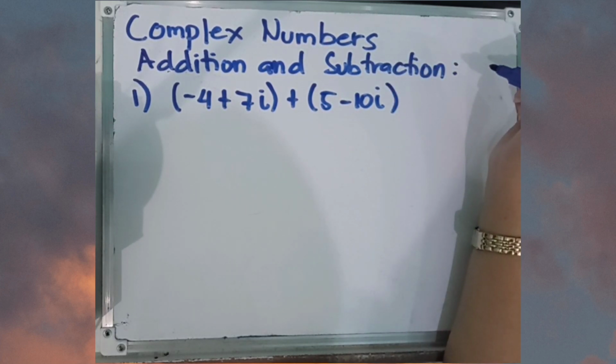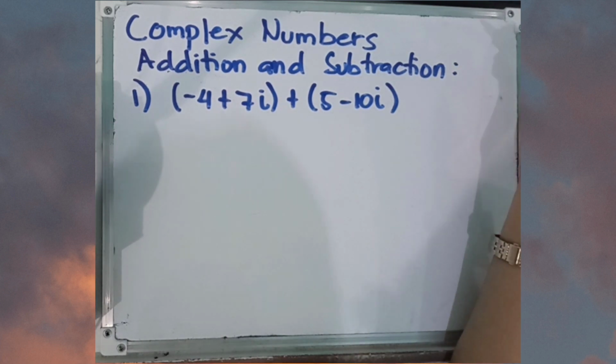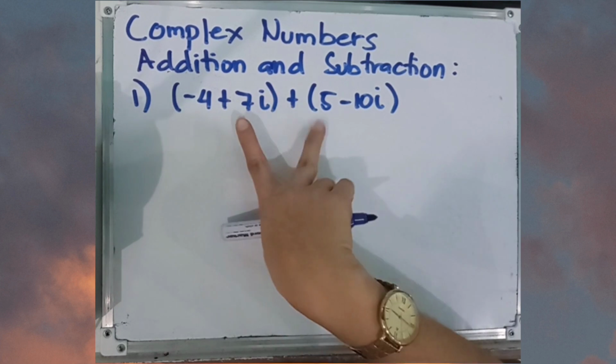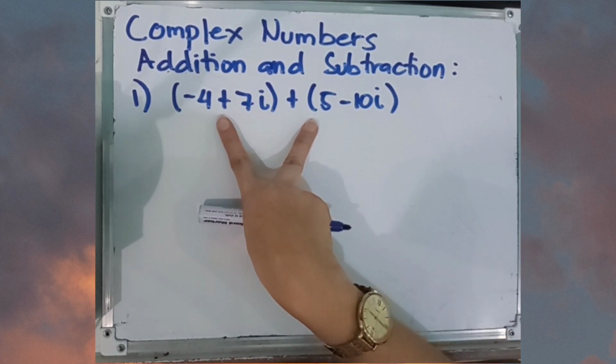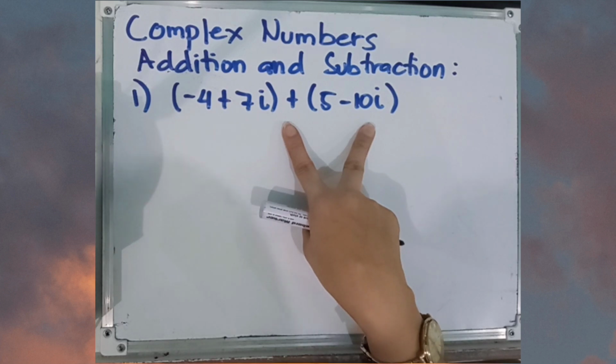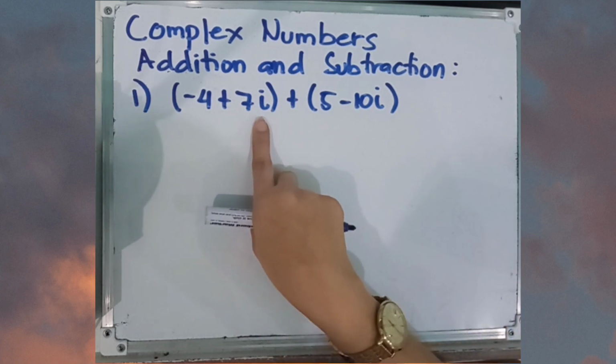Just like polynomials, we can add or subtract terms that are similar. So in complex numbers, we can add or subtract the real parts. We can also add or subtract the imaginary parts, but never add the real and the imaginary. That's a big no-no. Okay?